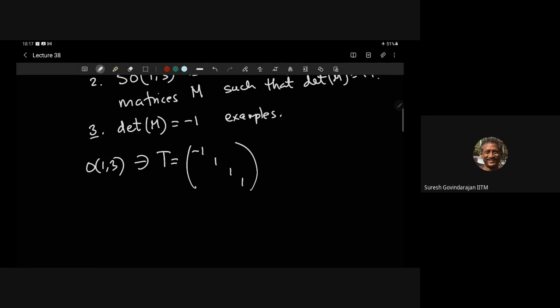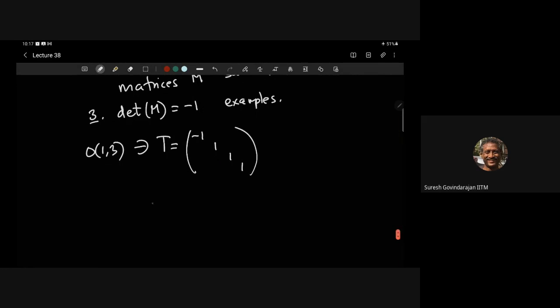Let's see how it acts on the x vector, x0, x1, x2, x3. What does it do to x0?